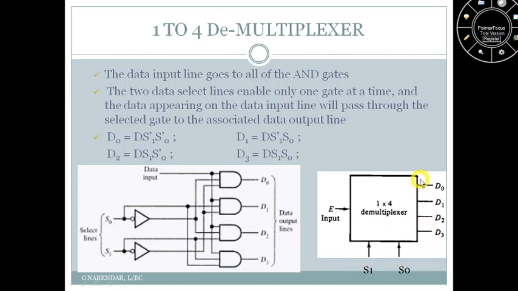The selection of one of these four output lines is done by using selection inputs S1 and S0.